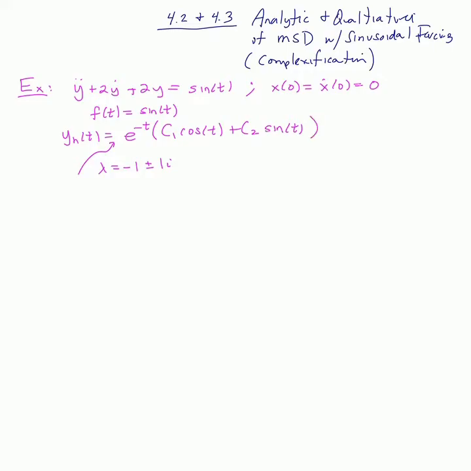We also know you can find the particular solution. One possibility is to guess the solution: some constant a times cosine plus some constant b times sine, and plug into the differential equation and solve.